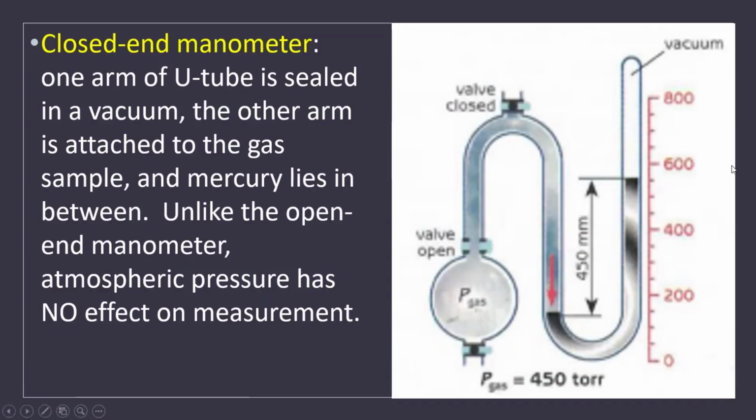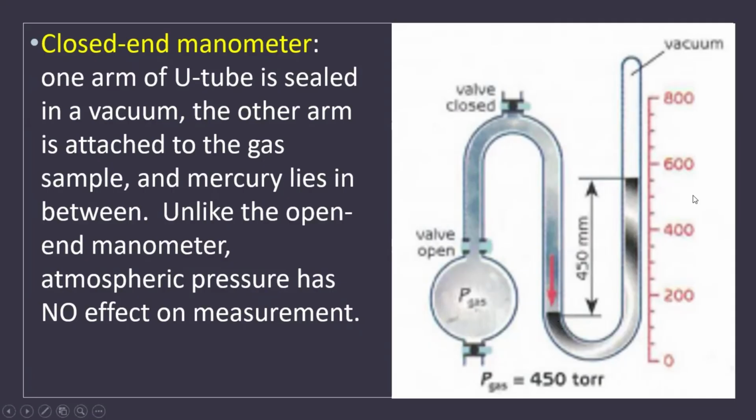All right, so the second type of manometer is the closed-end manometer. One arm of the U-tube is sealed in a vacuum while the other arm is still attached to the gas sample, and the mercury is in between. Unlike the open-end manometer, the atmospheric pressure has no effect on these measurements. We just subtract the difference between the two ends of the mercury, and that is the pressure of the gas.